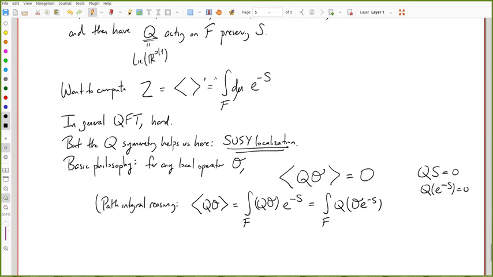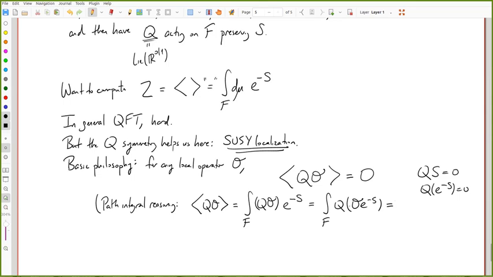And now you've got the integral of Q of something. And here comes the second, slightly optimistic step. And again, this is not something really special to having an odd symmetry. What this says is that the integrand is a total derivative.